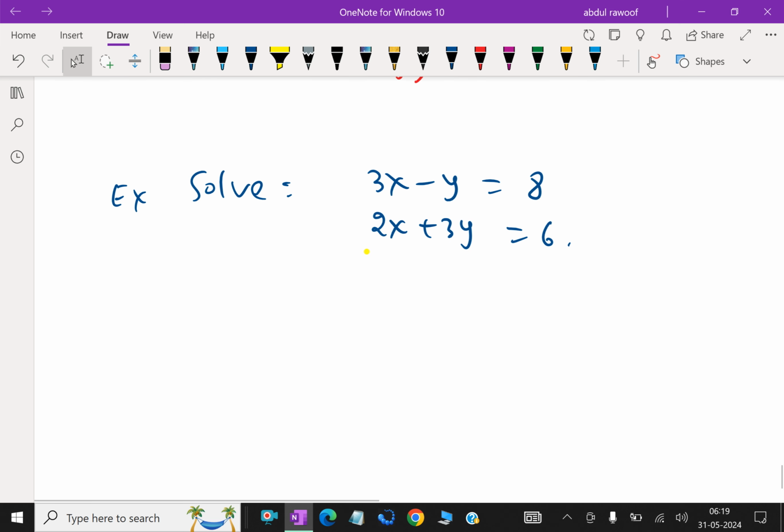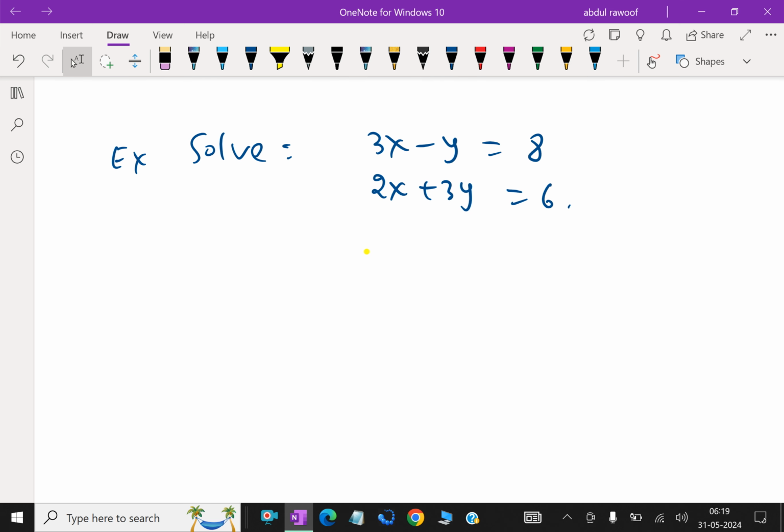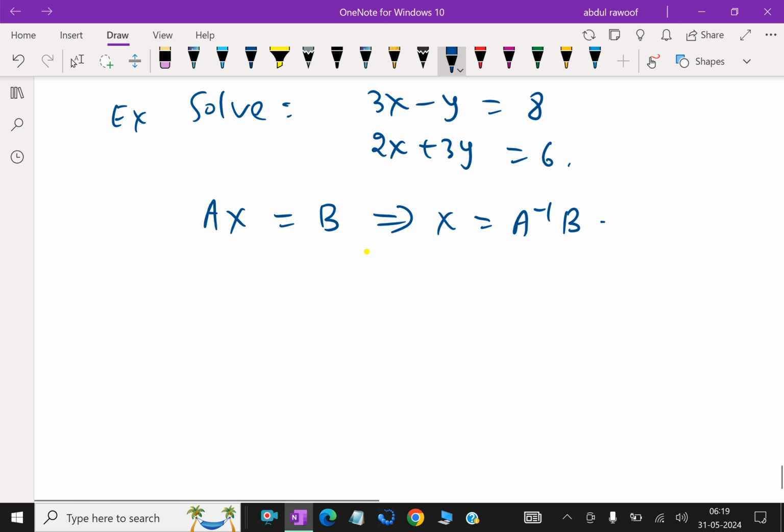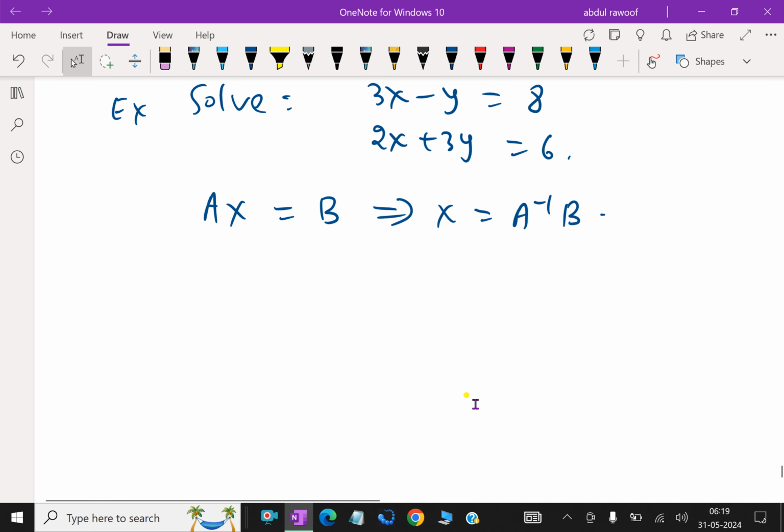So we know that in matrix algebra we have AX equal to B. That means A into matrix X equal to matrix B. Then we can say matrix X equal A inverse multiplied with B. By using this algebraic formula, we can find the solution of this one.